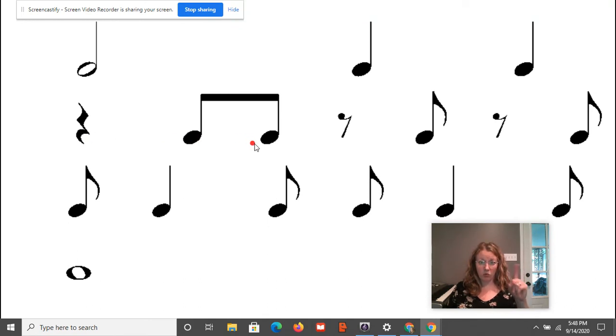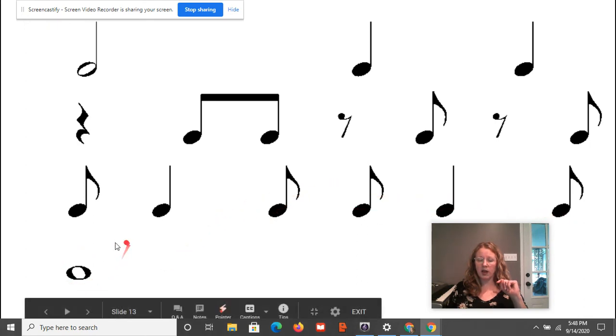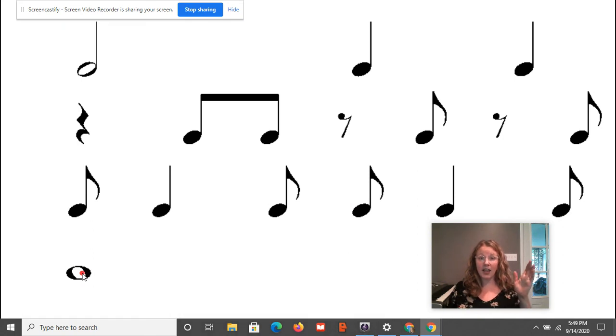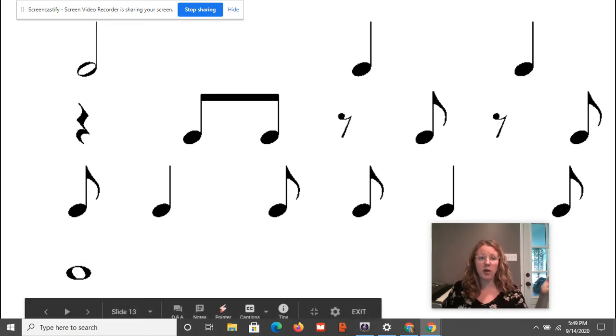Eighth rest? 1 snap. Sorry, did I say eighth note? I meant eighth rest. Eighth note, 1 pulse. And say this one. How many pulses does a whole note get? It gets 8 because it takes up a whole line, whole measure.